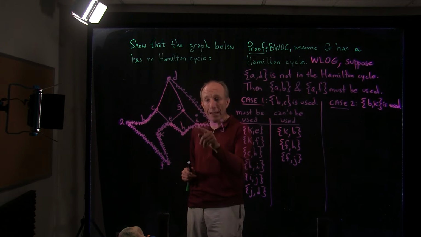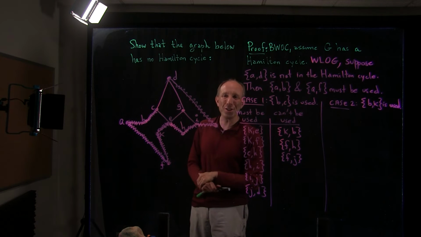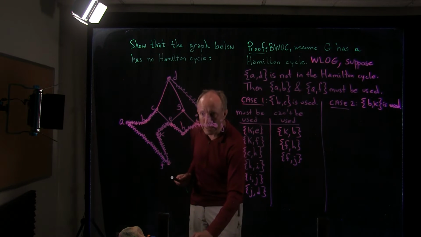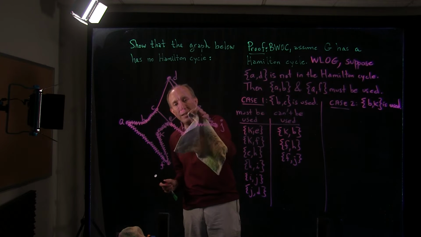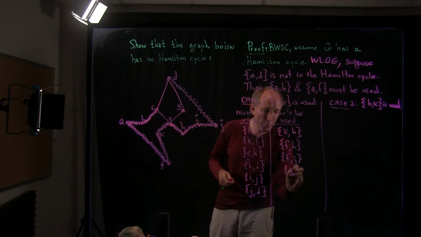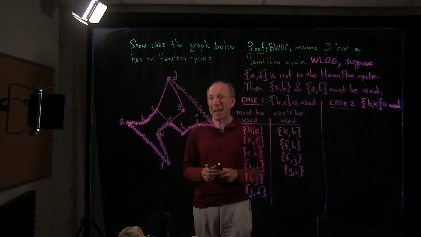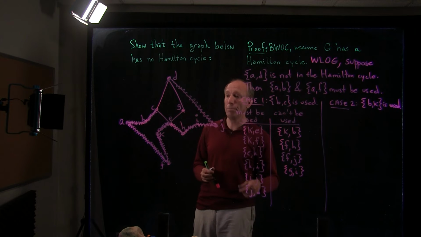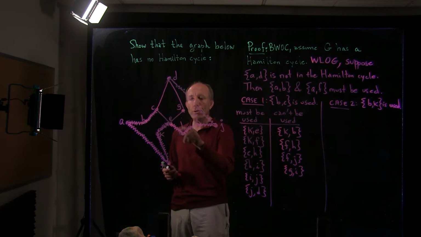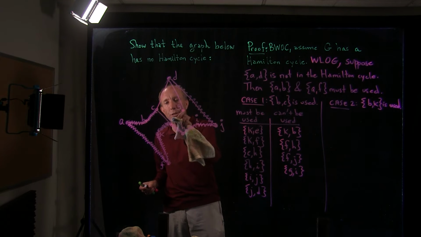Now, on top of that, look at vertex I. I've used 2 edges that go into vertex I, so that means that GI cannot be used. Let's put it in the can't be used pile. I cannot use GI, but now I'm really in trouble because if you look at vertex E, I also cannot use EG.